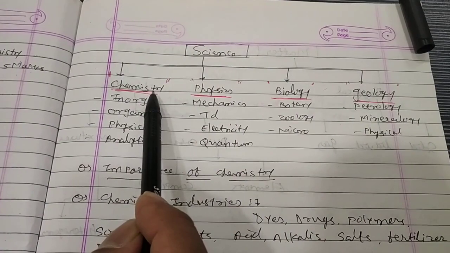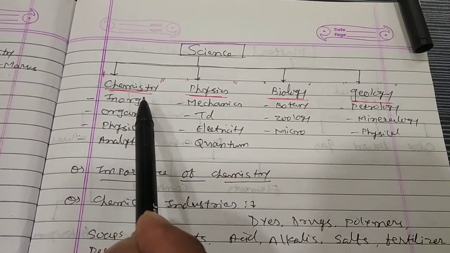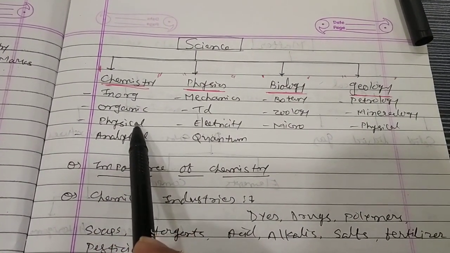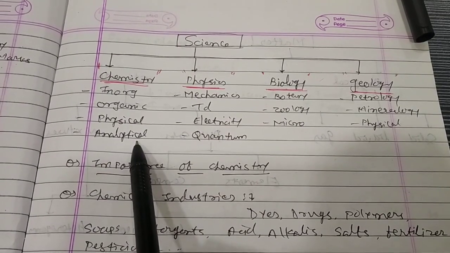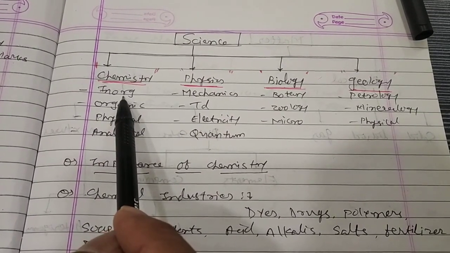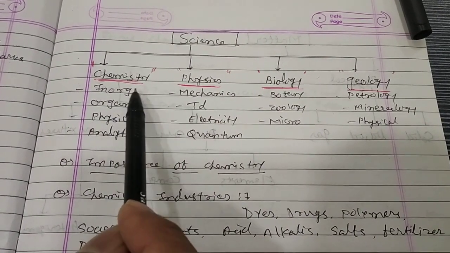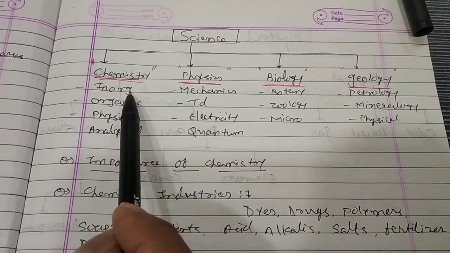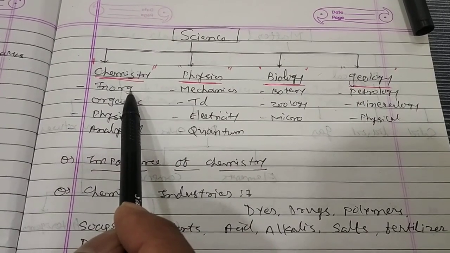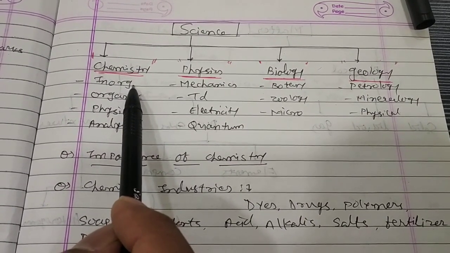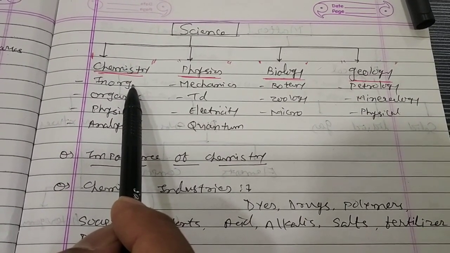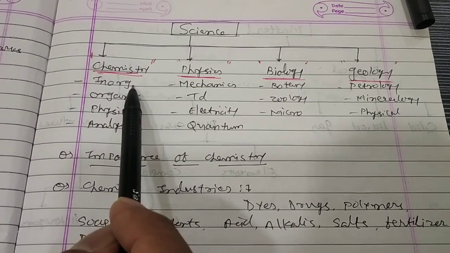Chemistry is subdivided into inorganic chemistry, organic chemistry, physical chemistry and analytical chemistry. Inorganic chemistry stands for the periodic table and all the element discussion, which we discuss in detail. In our syllabus, chapter number 3, S block element, and P block element belong to inorganic chemistry.